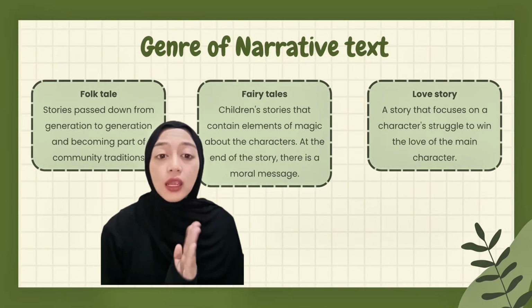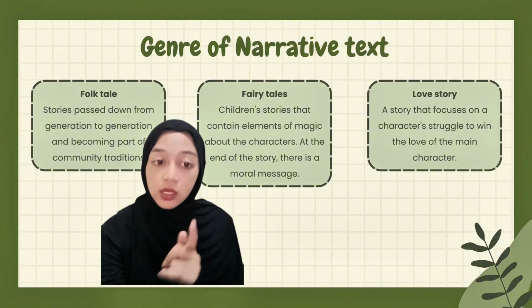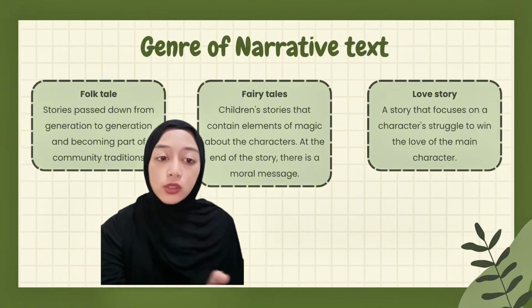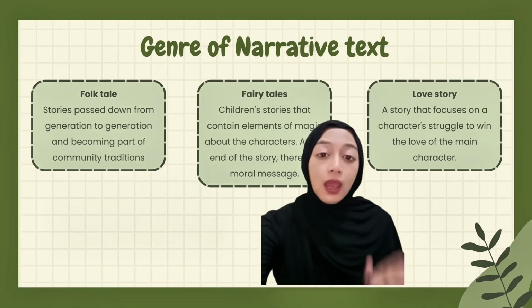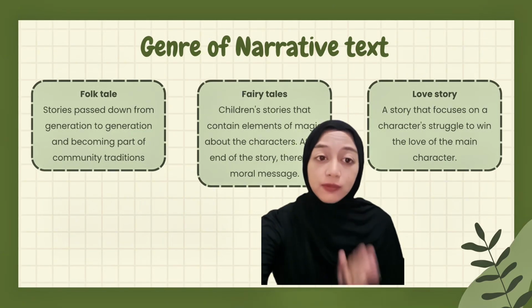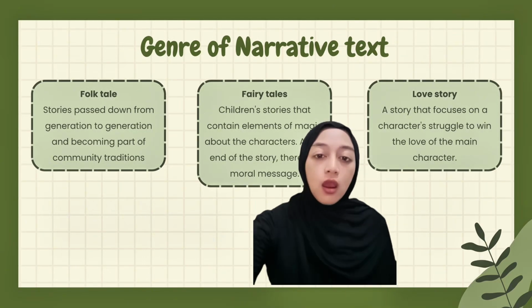And at the end of the story, there is a moral message. For example, The Goose with the Golden Egg. And then, love story. This is a story that focuses on a character's struggle to win the love of the main character. For example, the story of Romeo and Juliet.